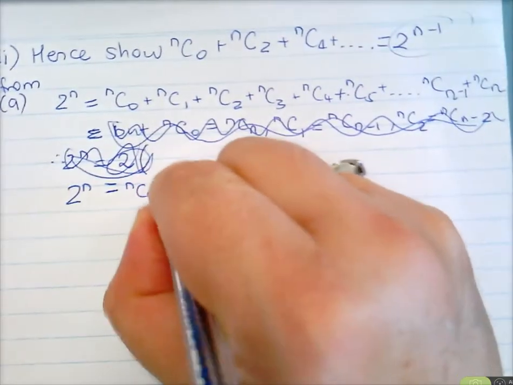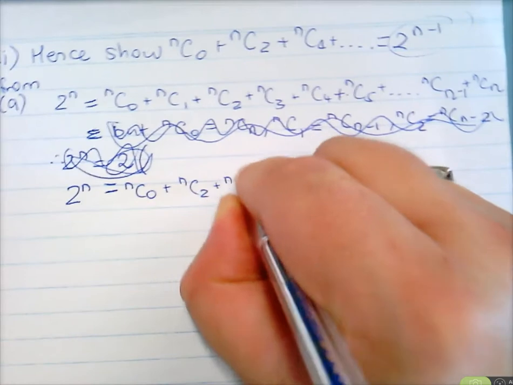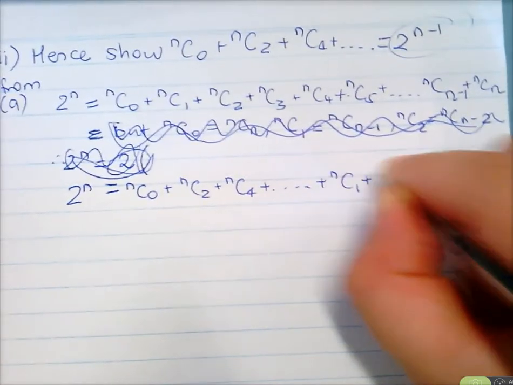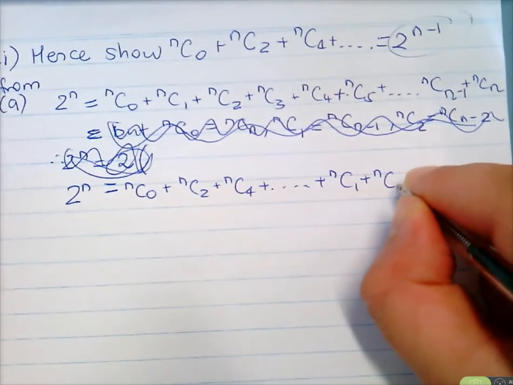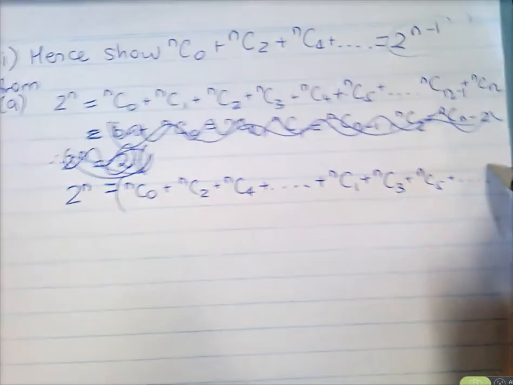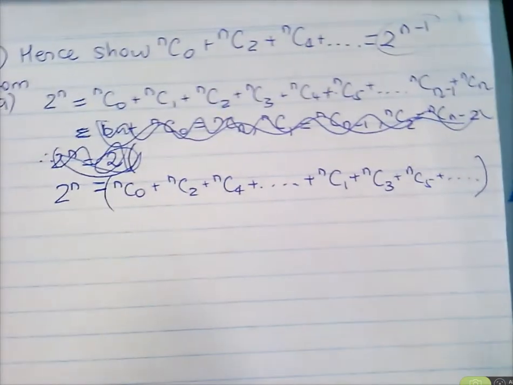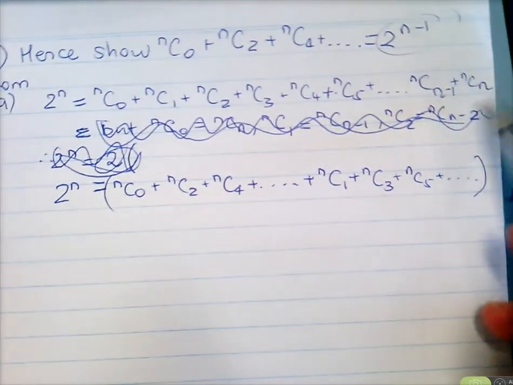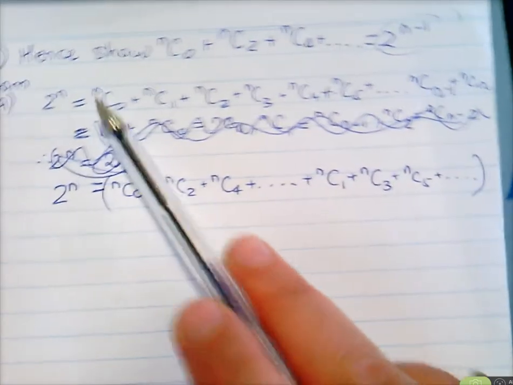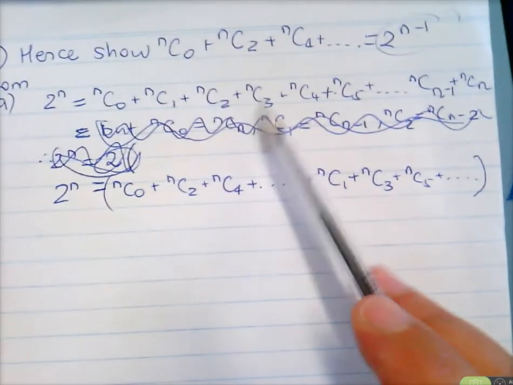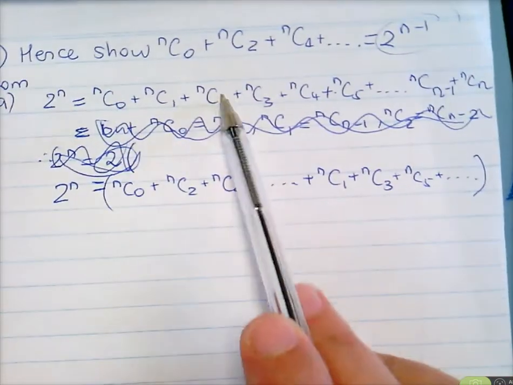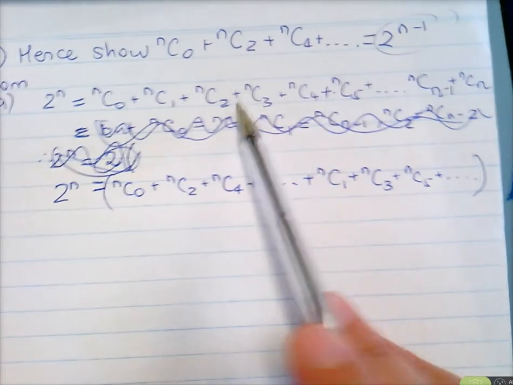Isn't that NC0 plus NC2 plus NC4 plus whatever, plus NC1 plus NC3 plus NC5 plus dot, dot, dot. Do you agree? That top row, if I don't put these end ones, I don't have to. If I want to add NC0 plus NC1 plus NC2 plus NC3, NC4, NC5, I'm going to add every second, the evens, and then add the odds.